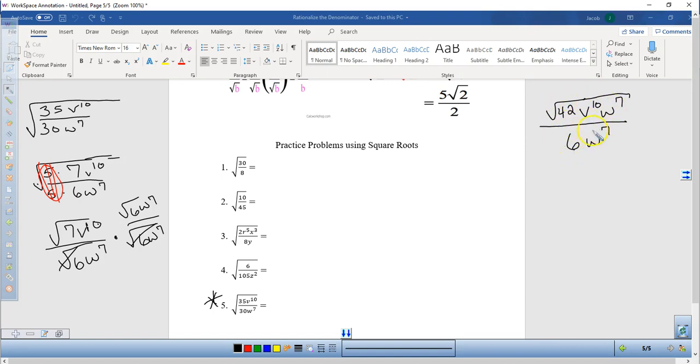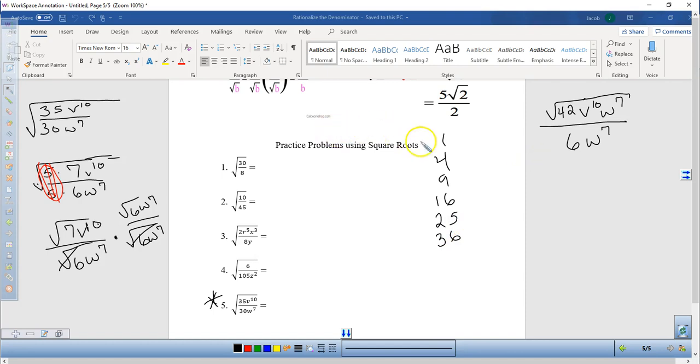Okay, now let's simplify some more. Is there any number, any perfect square that will go into 42? Well, let's think. 1, 4, 9, 16, 25, 36, and we can't go to 49, that'd be too big.